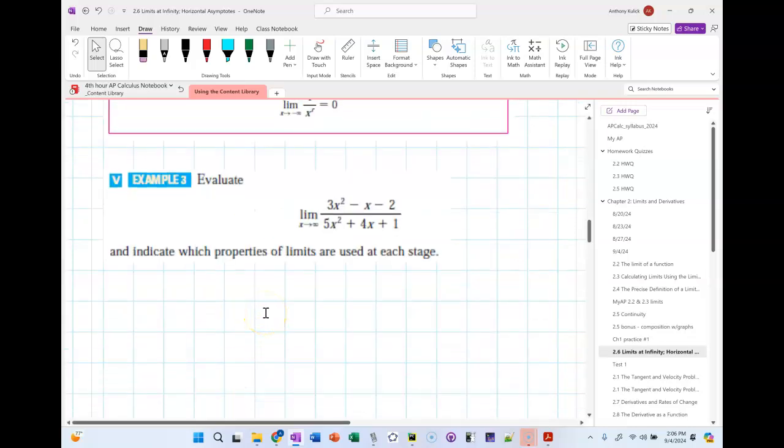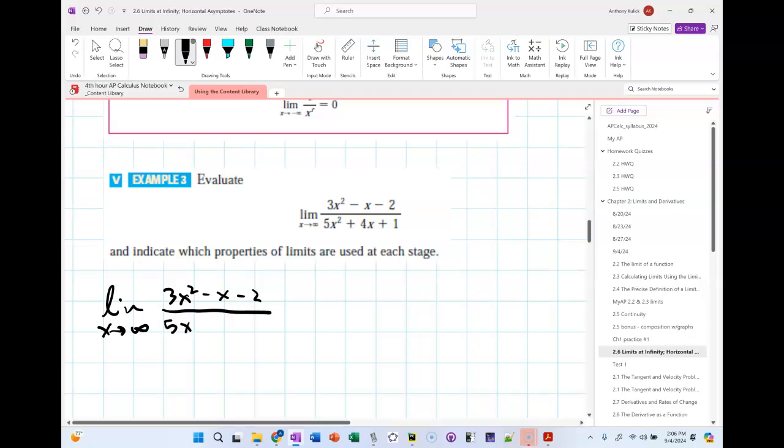So what if we do something like this? Well, this is algebraically what we're doing. But then I'm going to remind you that you already know how to do the answer to this without doing anything. So I'm going to multiply the top and bottom by 1 over x squared.